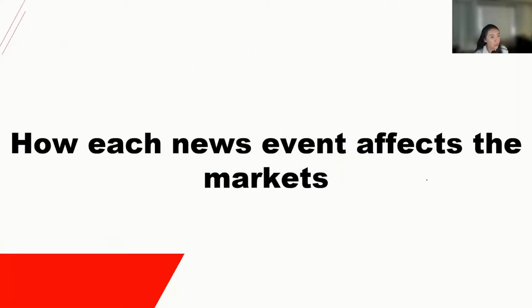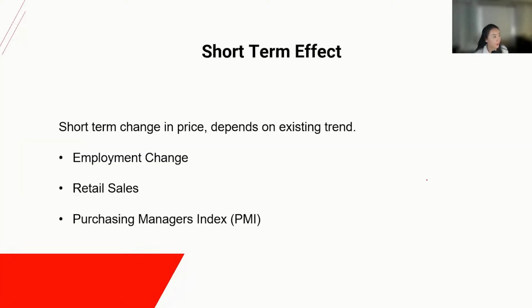So how does each news event affect the market? For short-term effect, there are some news that will affect it in a shorter term. For example, employment change, retail sales, and purchasing manager index.